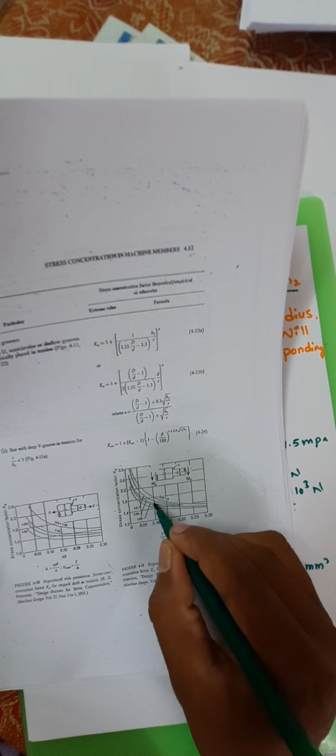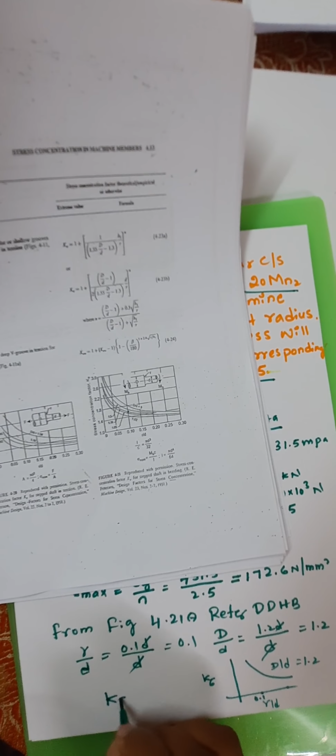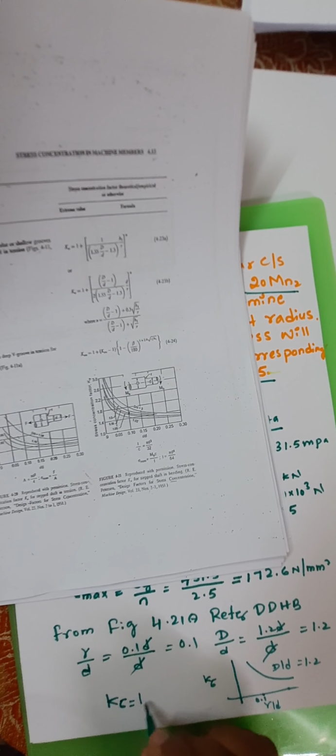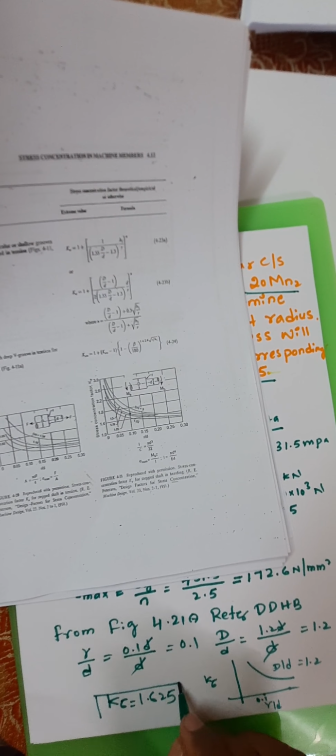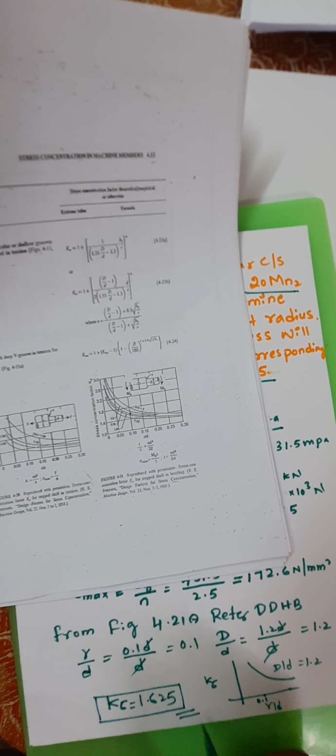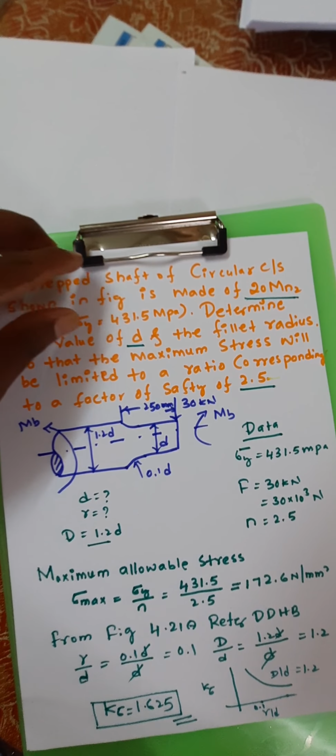Draw one line up to here, and draw one more line where exactly that r by d line coincides with the D by d line, and then draw one more line parallel to this. You will get K sigma is equal to 1.625.